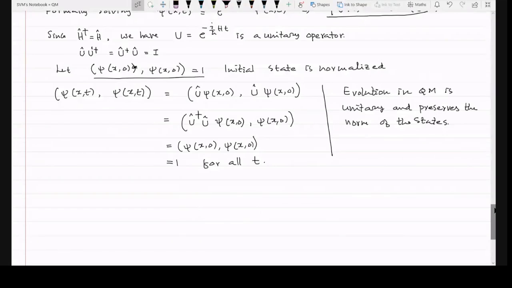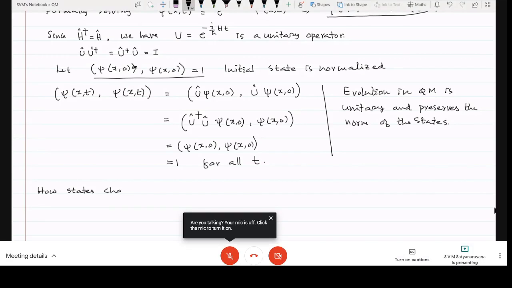The other aspect is, we have to ask the following question: how do states change with time?